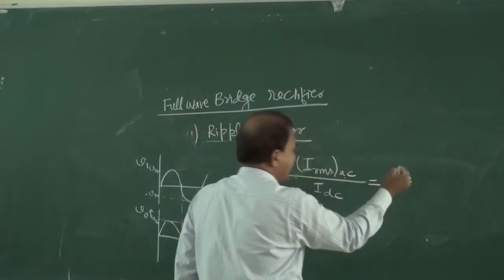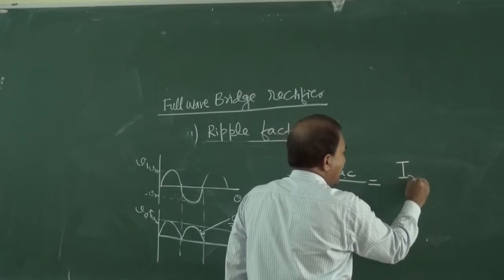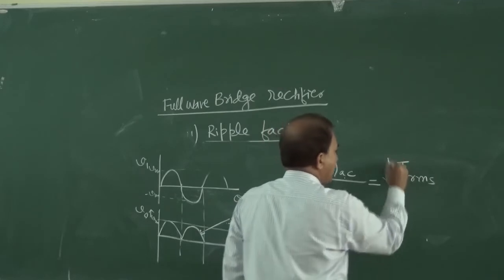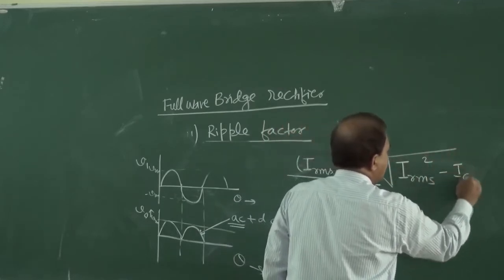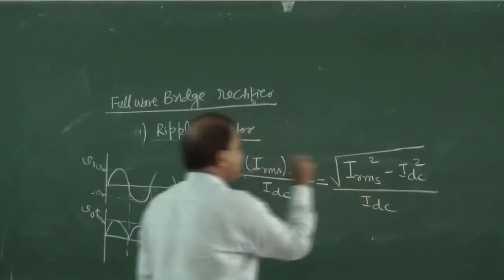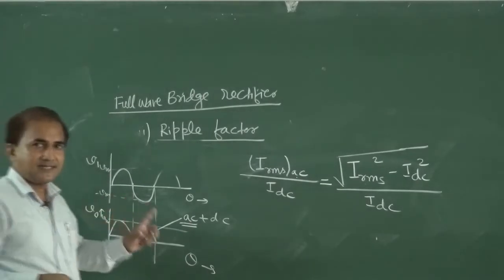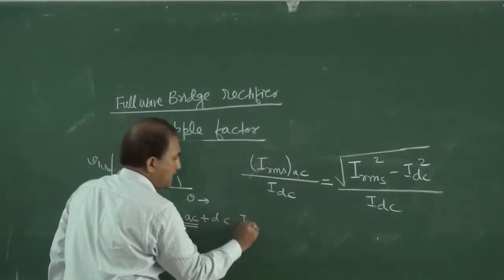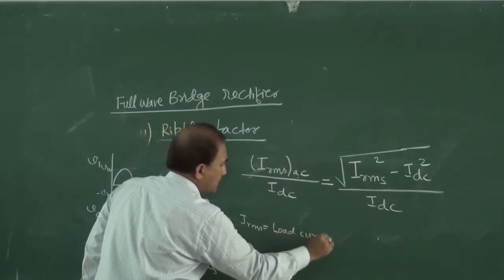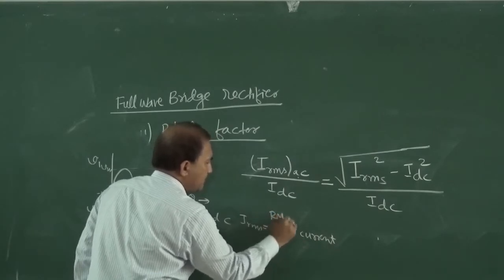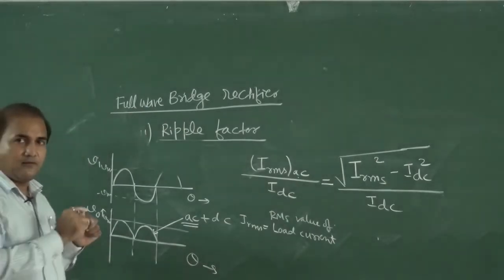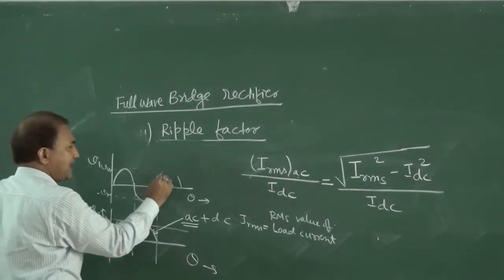So it can be written like this: the square root of IRMS, the load current, squared minus IDC squared, divided by IDC. What is this IRMS? IRMS is the RMS value of the load current, that is the current which is flowing across the load RL.